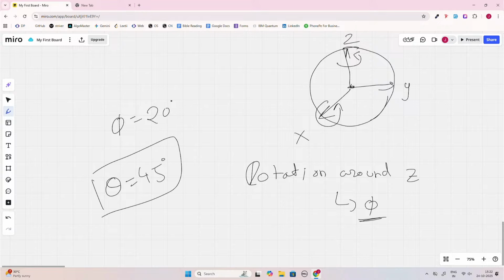So if I make theta equal to 45 degrees, I am rotating the quantum state around the x-axis by 45 degrees. That is the entire meaning behind it.